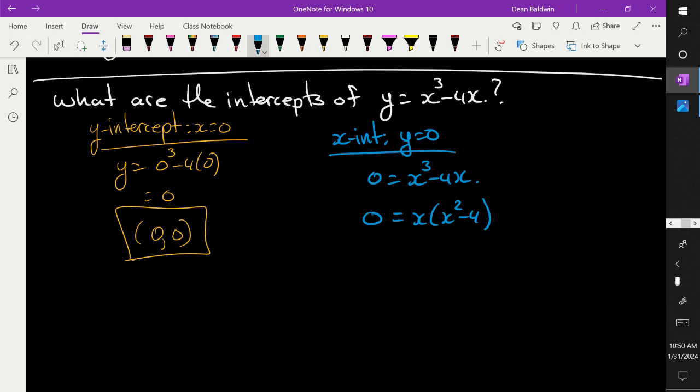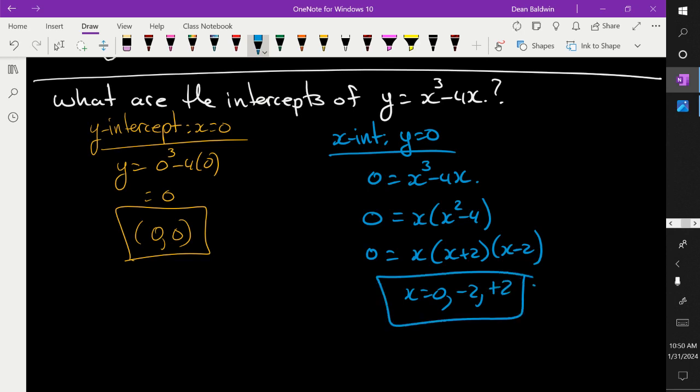Get x squared minus 4. What's x squared minus 4? It's the difference of squares, plus or minus 2. So then you get x is equal to 0, -2, and positive 2. Those are your x-intercepts.